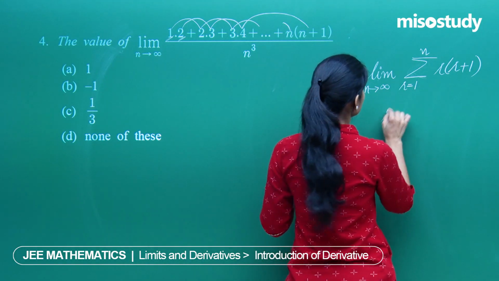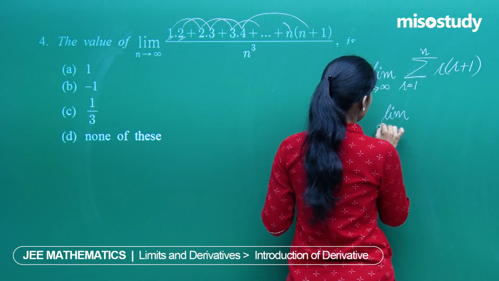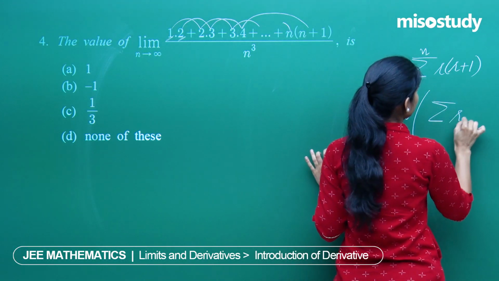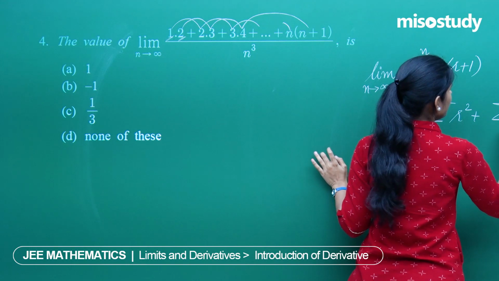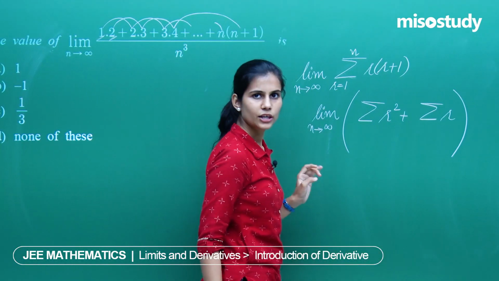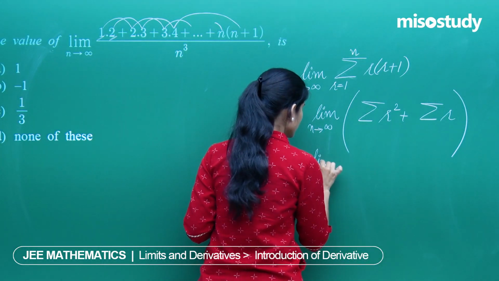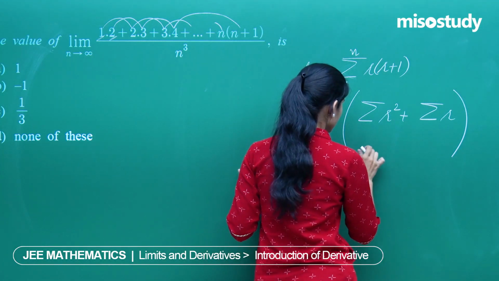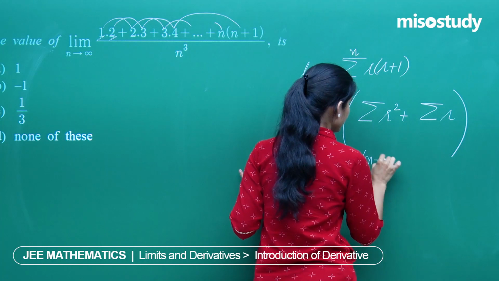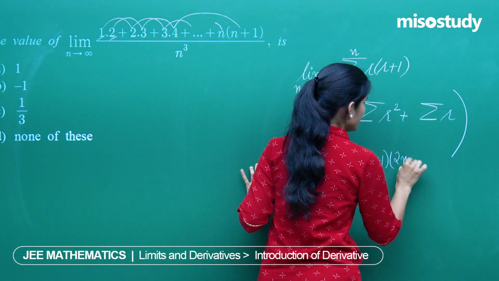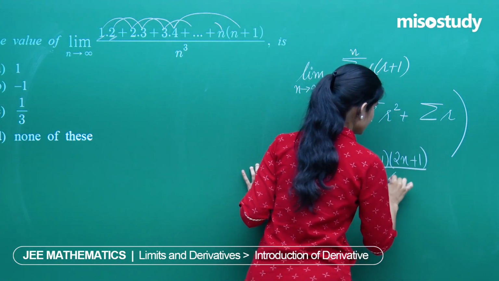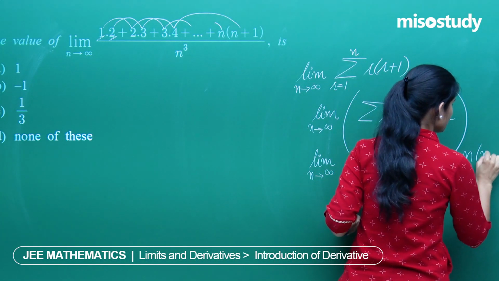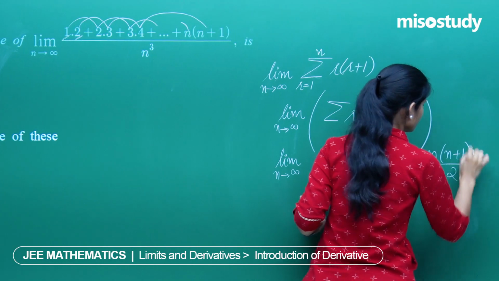So what you get in here is limit n tends to infinity summation r square plus summation r. You know the value of these summations? This is limit n tends to infinity, n into n plus 1 into 2n plus 1 by 6, right, plus n into n plus 1 by 2.